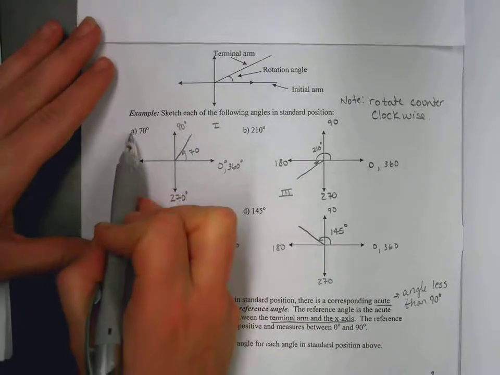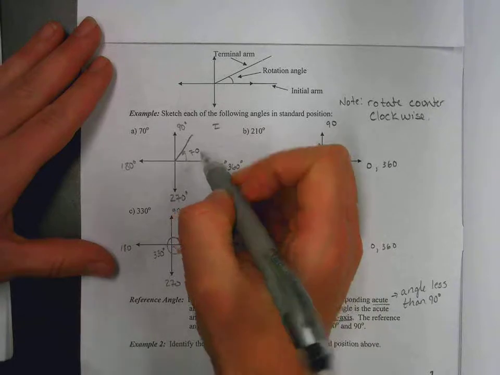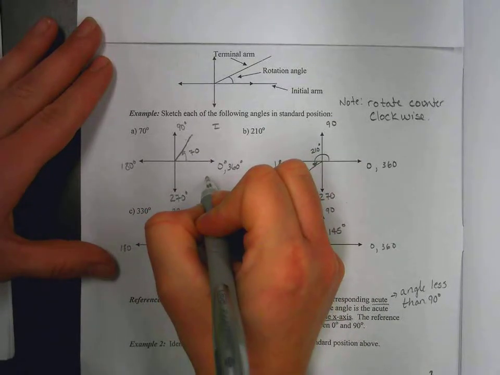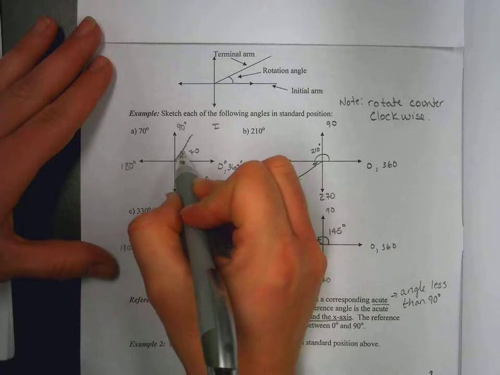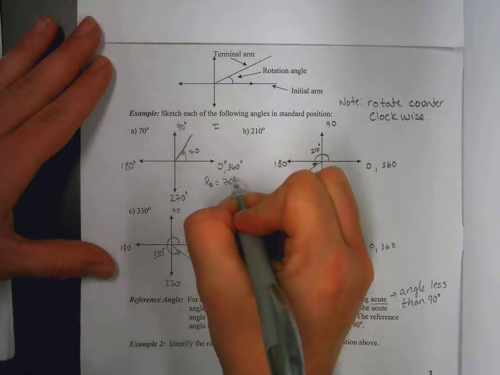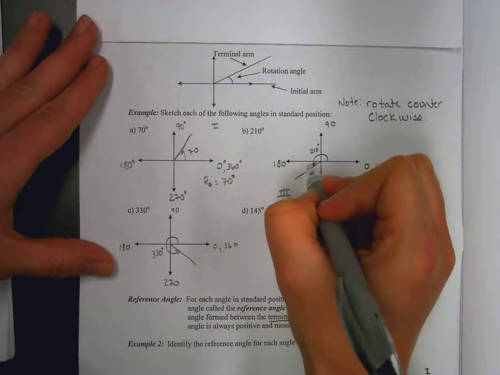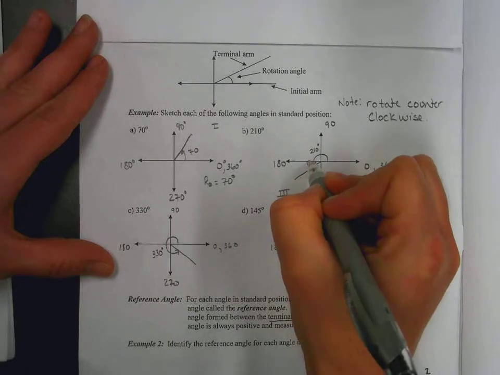So going back to example A, our rotation angle was 70 degrees. Our reference angle will also be 70 degrees here. So our reference angle between here and here, our terminal arm and the x-axis, is also 70. Question B, our reference angle is going to be the angle between our x-axis and the terminal arm, so from here to here.